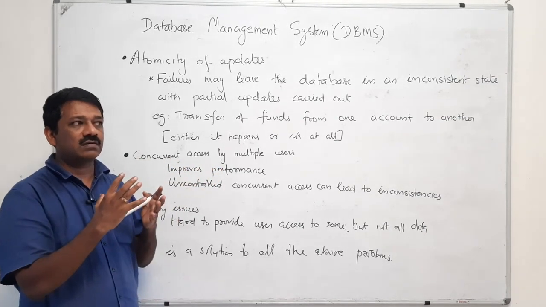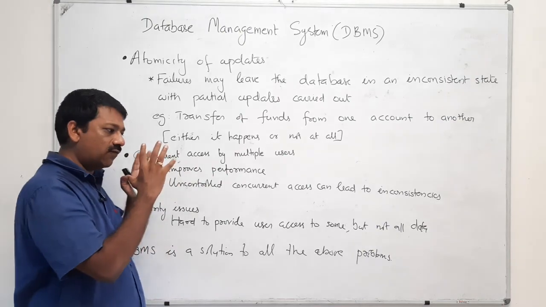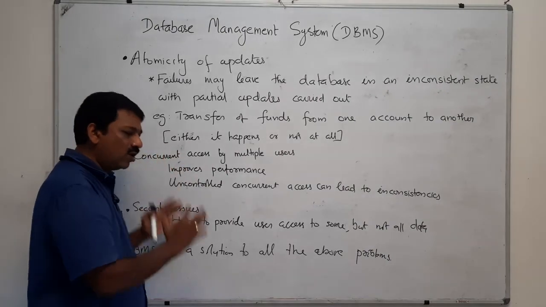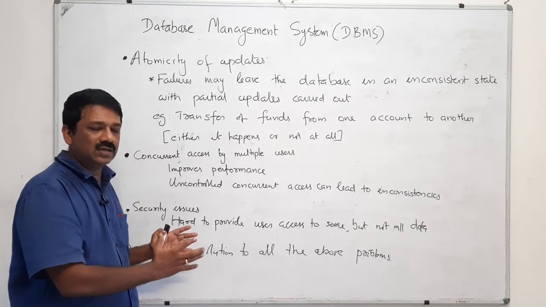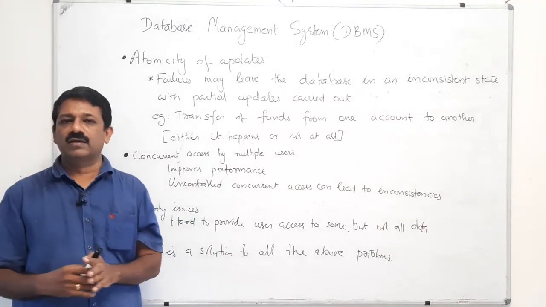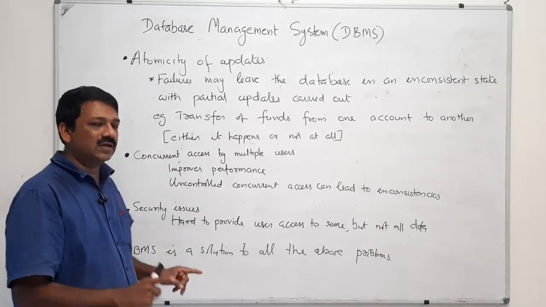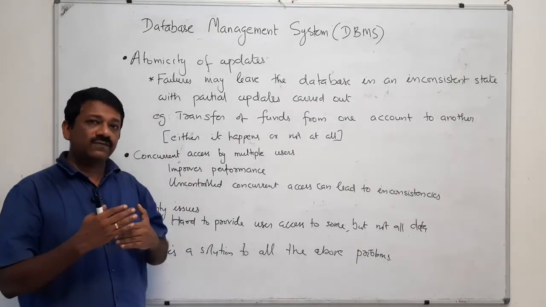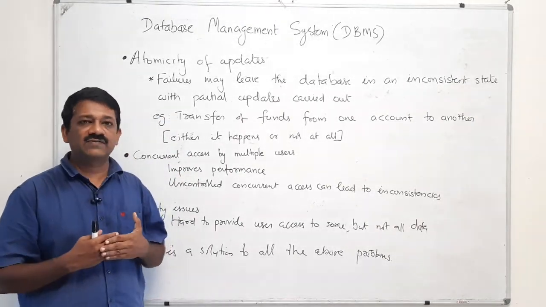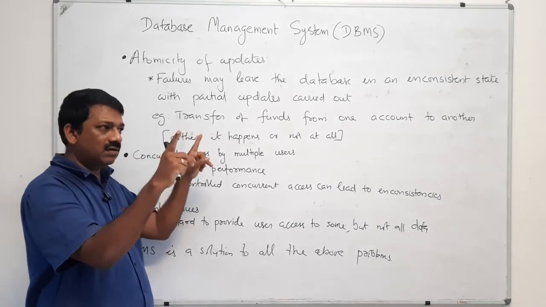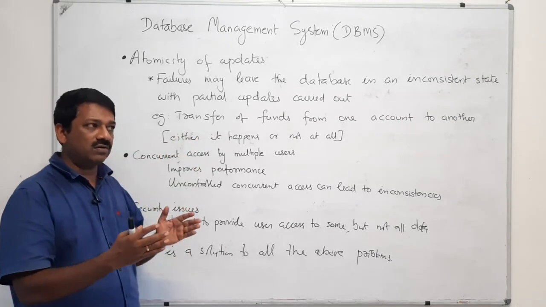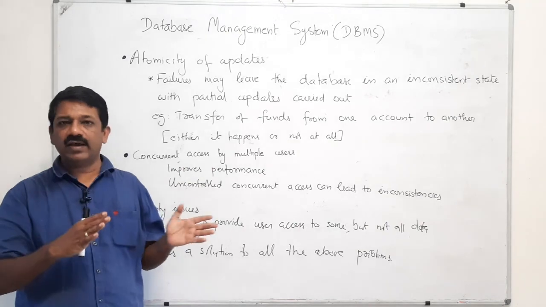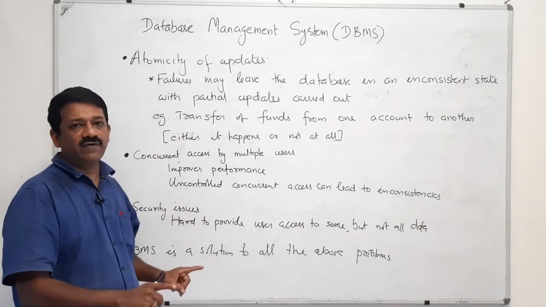You may be transferring funds from an account in one bank to some other bank. Here we have one database and there we have another database, and if you are using a file system, each bank keeps these as files.